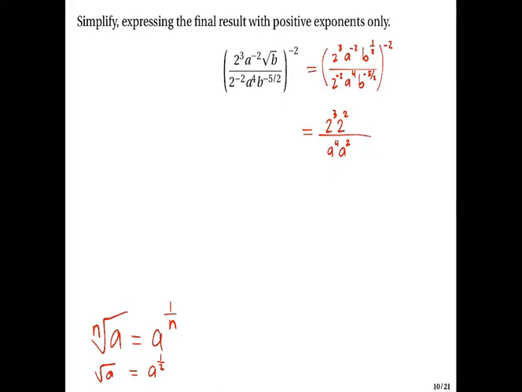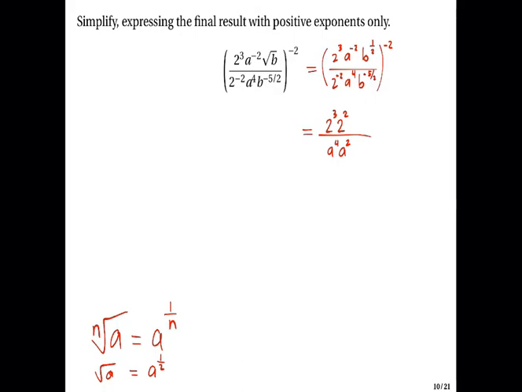And then for the base b, you have b raised to positive 1/2 in the numerator. And then in the denominator, you have b raised to negative 5/2. So 1/2 is greater than negative 5/2, or negative 5/2 is smaller than positive 1/2.